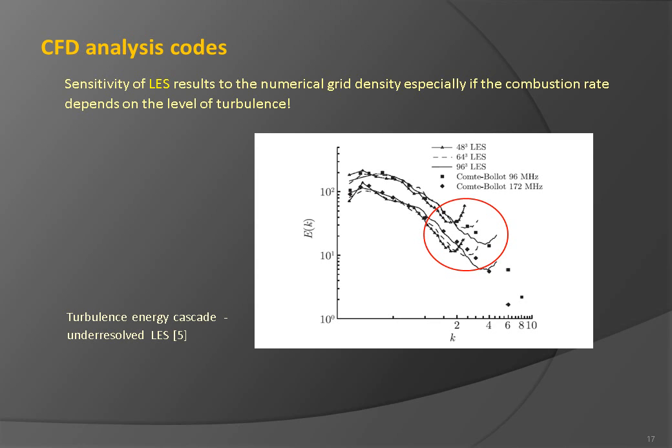The figure shows the energy cascade of turbulence eddies. The turbulence eddies should dissipate as we move toward larger wave numbers and therefore disappear. If the numerical grid is too coarse, smaller eddies will be overrepresented. This is visible in the diagram in front of us, where the LES results are presented for different grid resolutions.